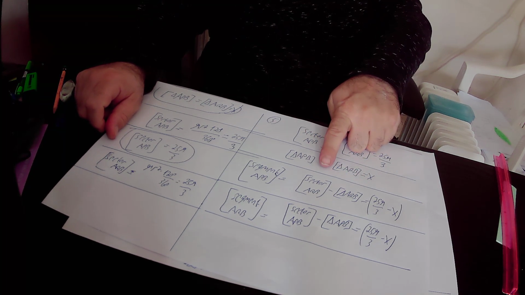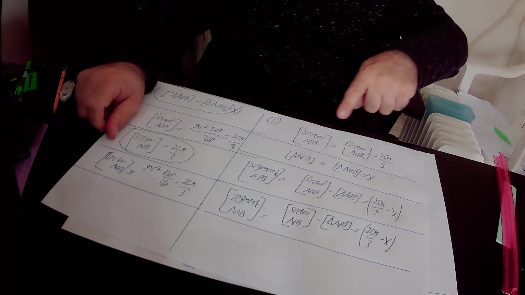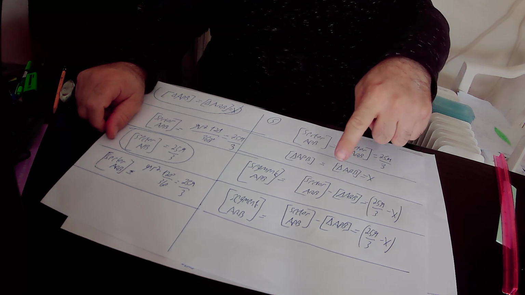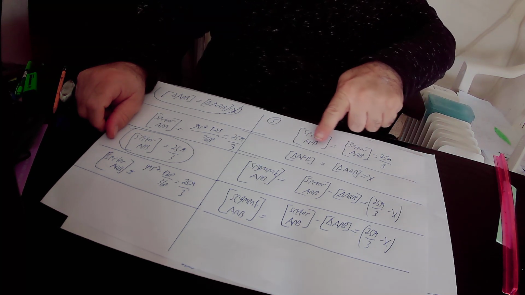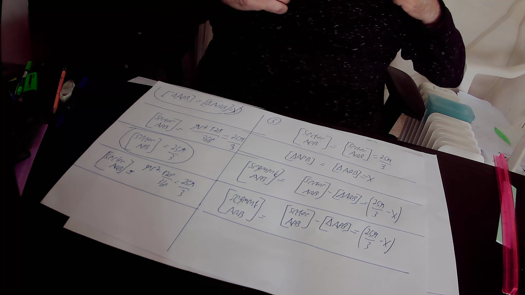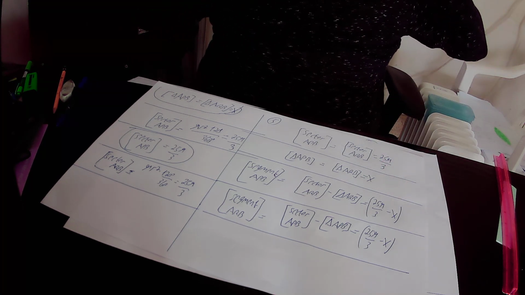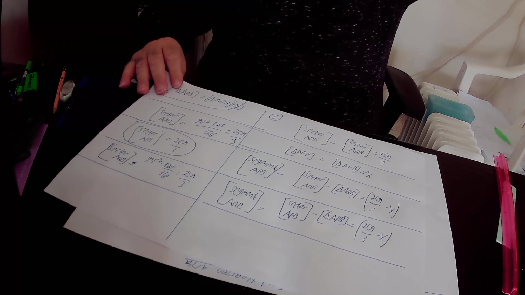We have already found out that the area of sector AQB equals 25 pi over 3, and the area of triangle AQB equals x. So in conclusion, the area of segment APB equals 25 pi over 3 minus x square units.